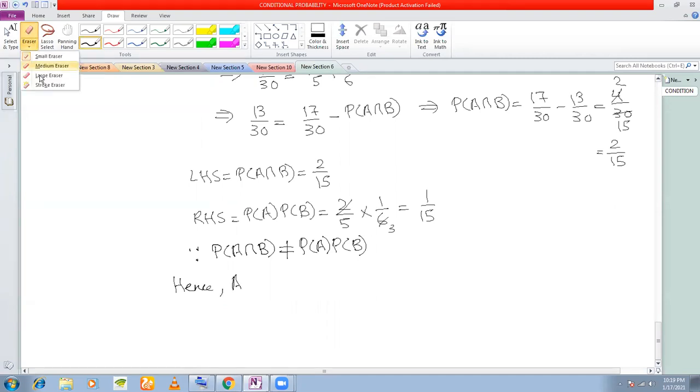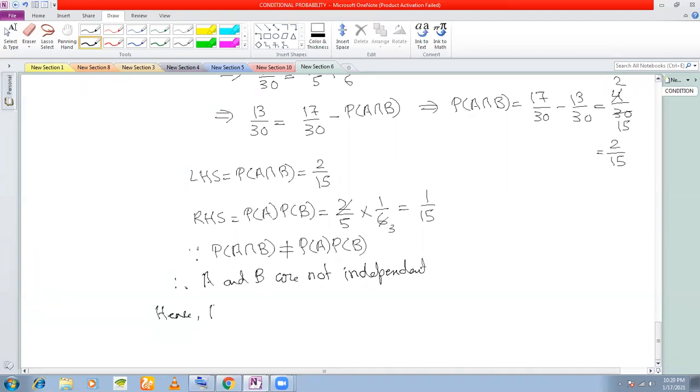Therefore A and B are not independent. And what can we say? Then we can say hence A and B are neither mutually exclusive, right?